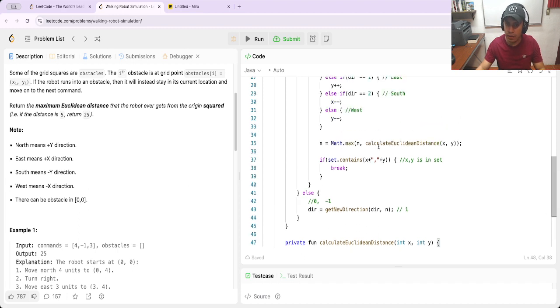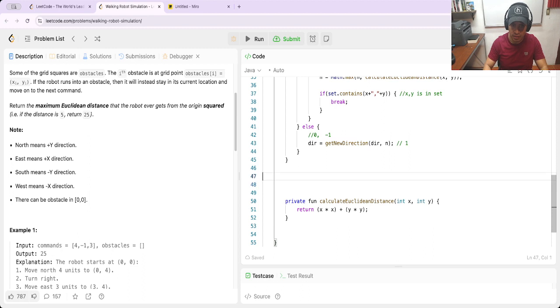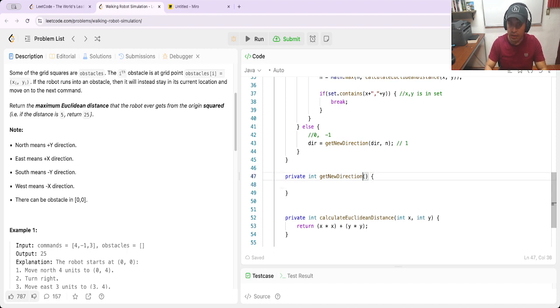Okay, and this is the complex function. Private. Sorry, I was thinking in Kotlin. This returns an integer, and this should return an integer too. Here it receives the integer dir and integer new, no, in this case I don't know how to name it.